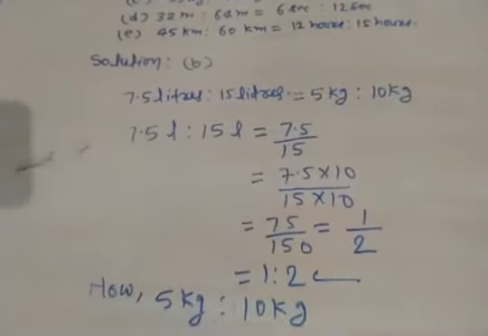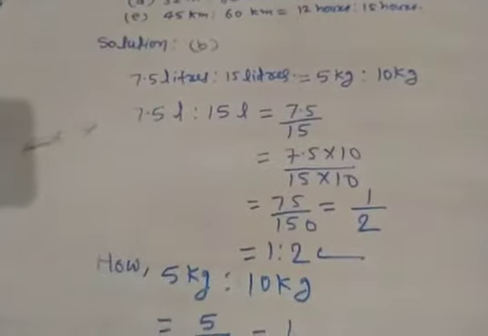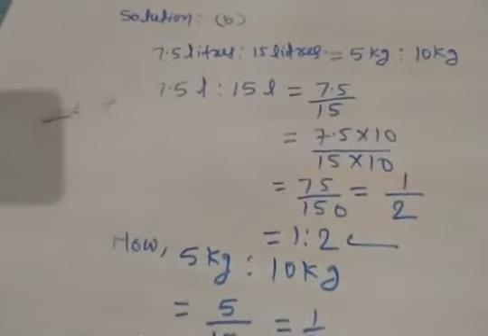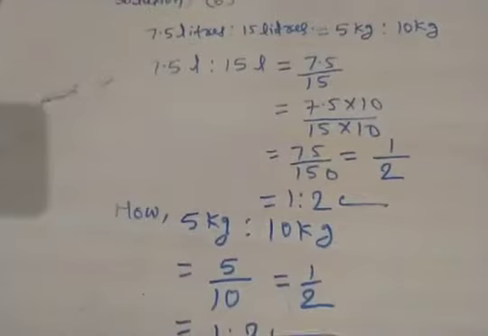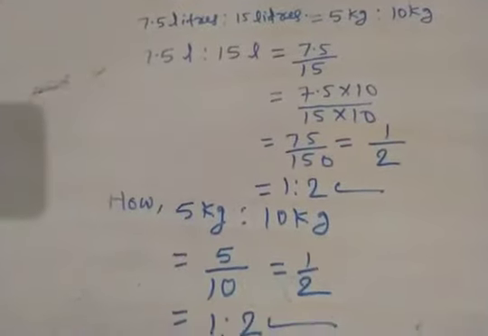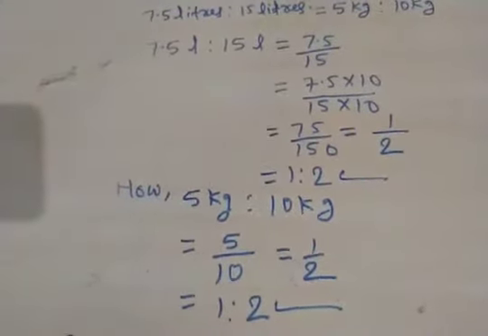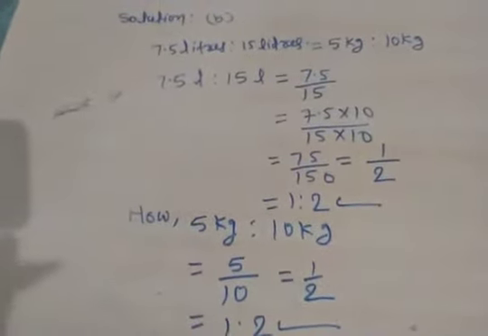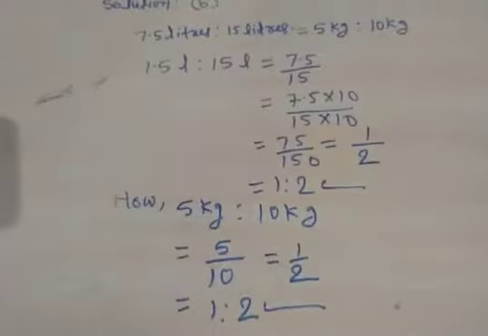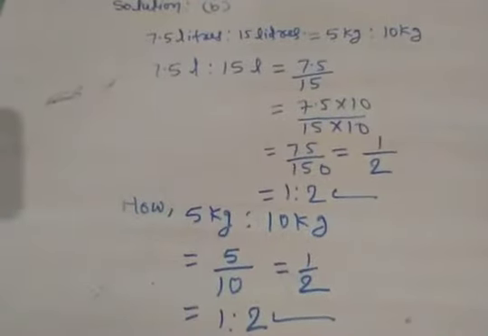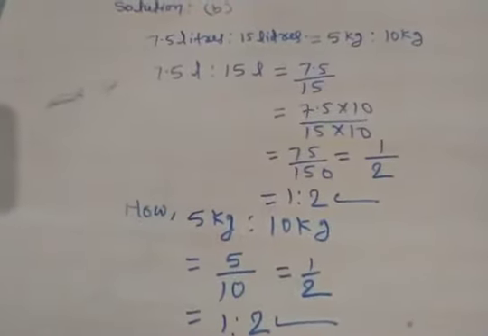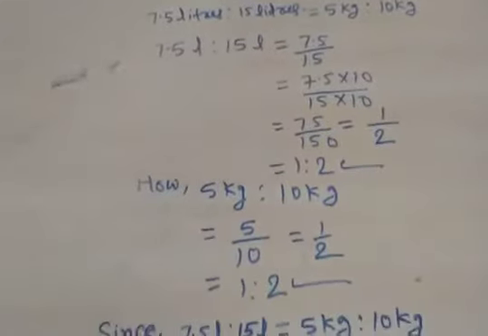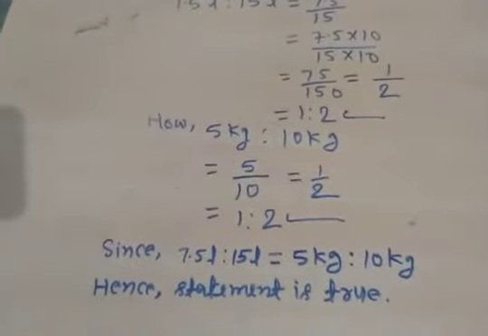And on the right hand side, 5 kg ratio 10 kg, you can write 5 by 10 is equal to 1 by 2. This is 1 ratio 2 also. So from our discussion you can see that both sides are equal to 1 ratio 2. So we can say the given statement is true.